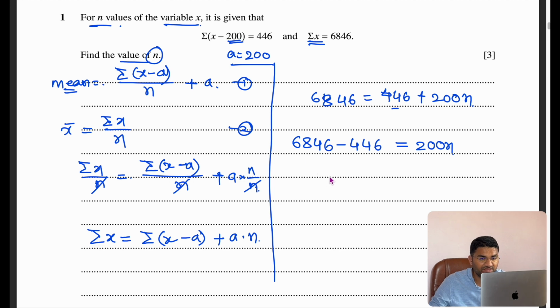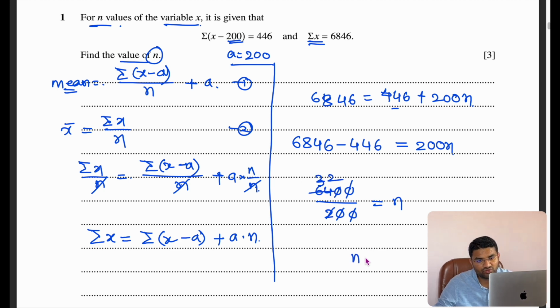Then you are left with 6400. Transfer this 200 to the left as well, so it's equal to n. If you cancel these two zeros and simplify further, it will be 32. So you will get the n value as 32.